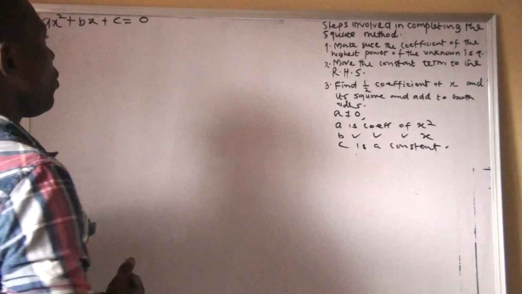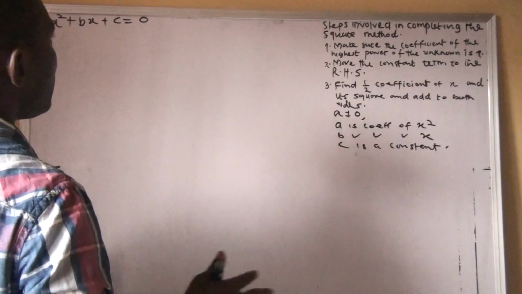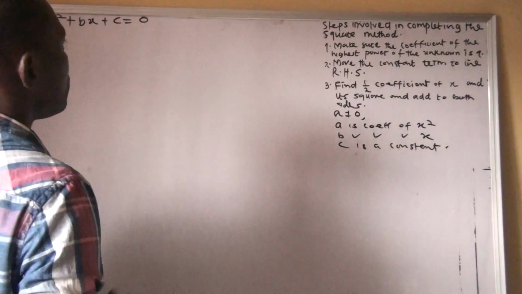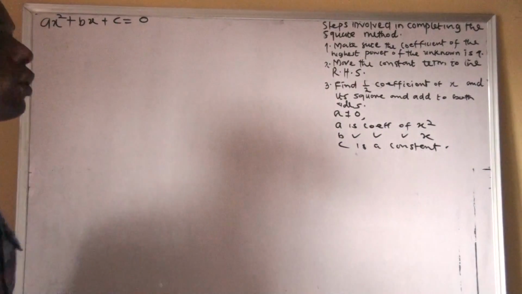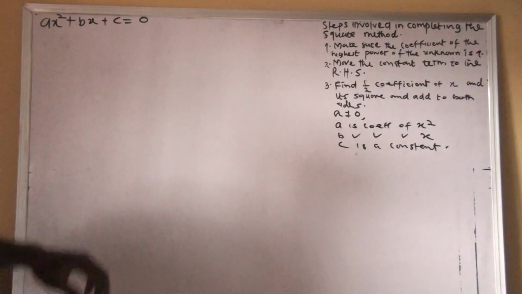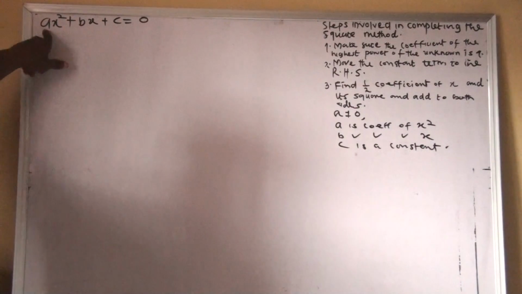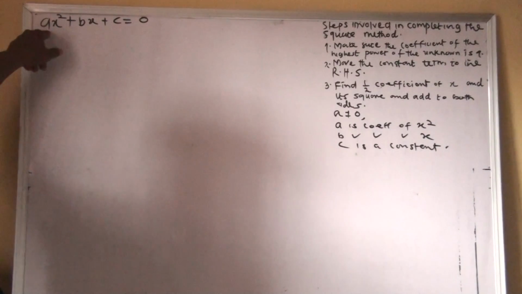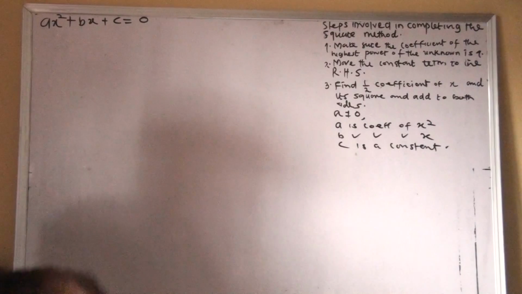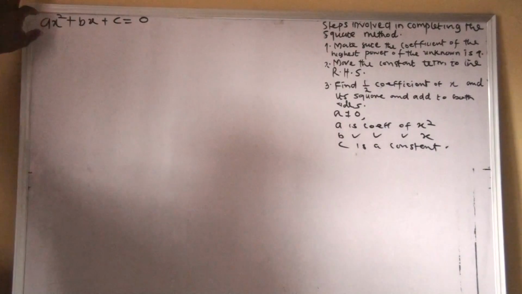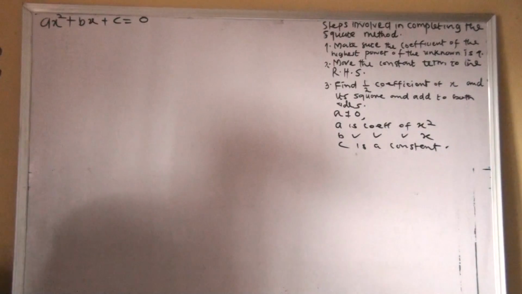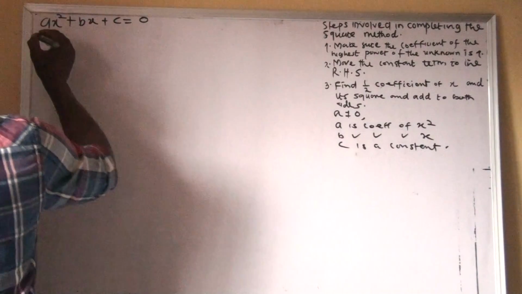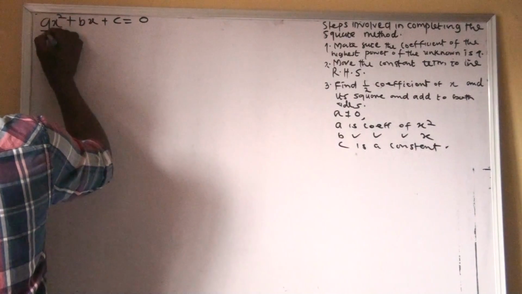Okay, and what do we do when we want to find the solution of a quadratic equation using completing the square? The first thing to do is to make the coefficient of the highest power of the unknown equal to 1. So that means this a must leave here. We divide through by a.